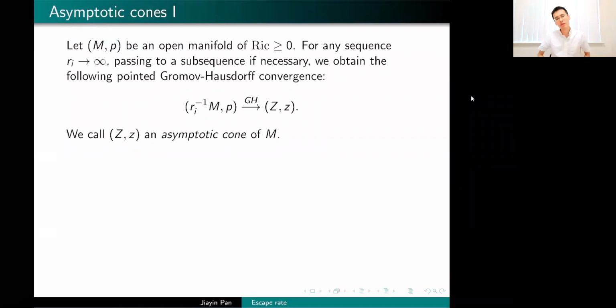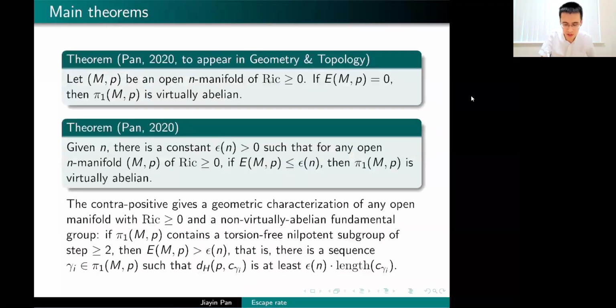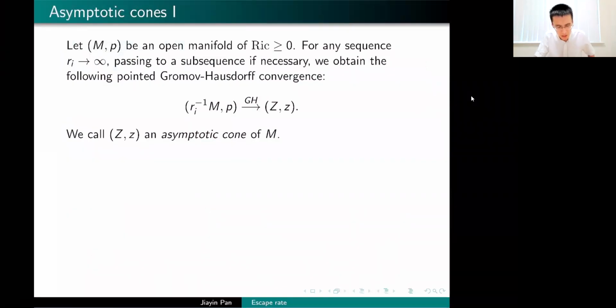Now we're going to move on to how the theorem is proved. I'll talk about the 0 escape rate case first, then give a little sketch of the escape rate gap. The gap result is actually built upon the 0 escape rate case. We're going to study things from infinity, using the so-called asymptotic cones.